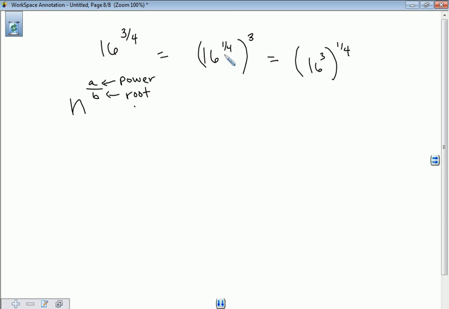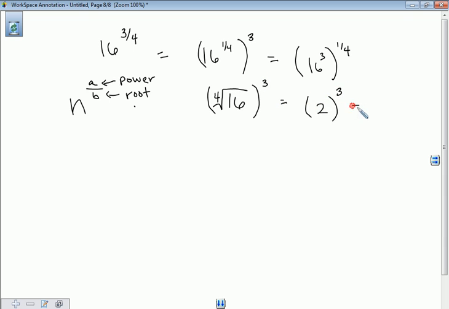So 16 to the 1/4 is the same as the 4th root of 16. So what your brain is asking yourself right now is, what number times itself 4 times is 16? 2. So the 4th root of 16 is 2.